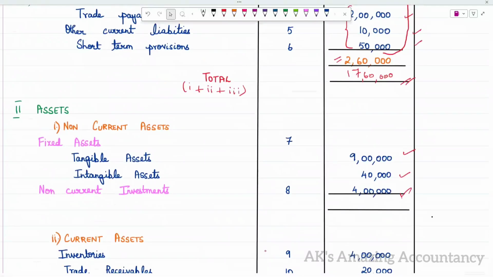Now you have to add all this and see. So when you total all this, what is the total you are getting? Total of note 7 and note 8 comes to 13 lakhs and 40,000.